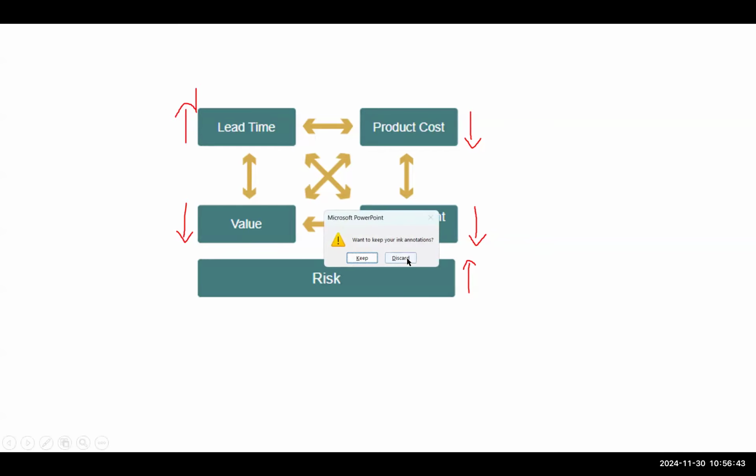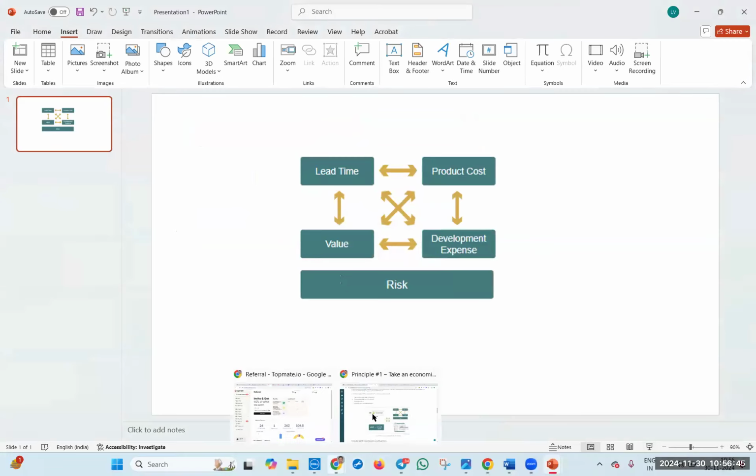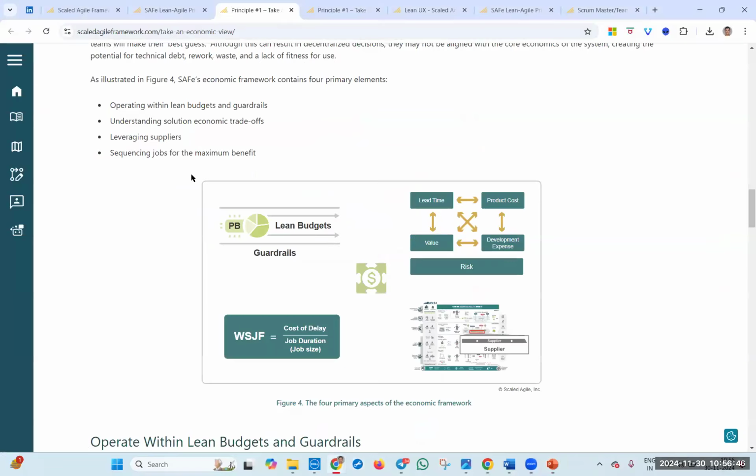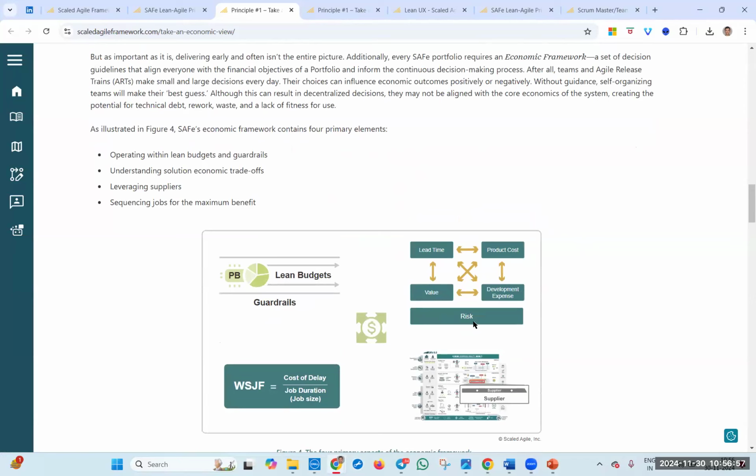Yes, Satish. So that is the thing. The principle number 1 is talking about applying a comprehensive economic framework. When you say deliver early, deliver often, yes, we might be delivering more value, but what about the other aspects? Remember, continuous integration is one of the things which I was mentioning. If you have to do continuous integration, continuous deployment, the product cost will be more.